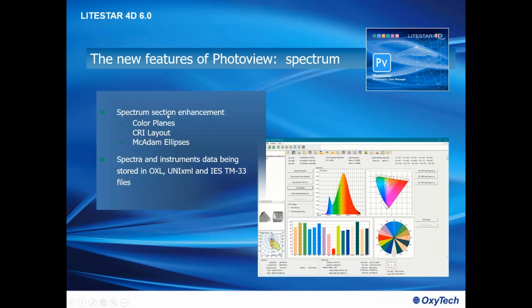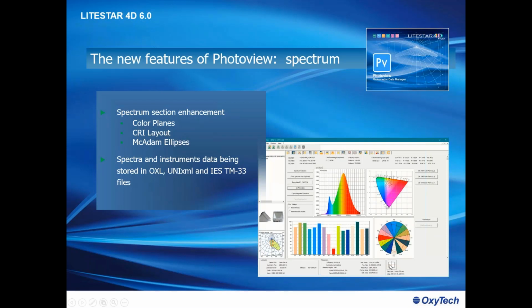So now we added the missing color planes. Before it was possible only to manage XY planes, so the CIE color plane of 1931. We added the UV of CIE 1960 and the U'V' of 1976.